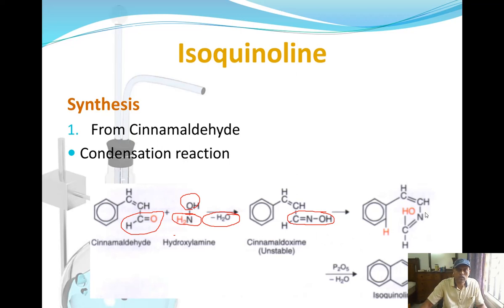The difference between this and this, as you can see here, the carbon is attached to the carbon here, but in this case the carbon is attached to the nitrogen, and here one more molecule of water is getting removed in the presence of phosphorus pentoxide, and you are going to get isoquinoline because of the rearrangement and removal of water, or the dehydration, right? So that is the first method of preparation.